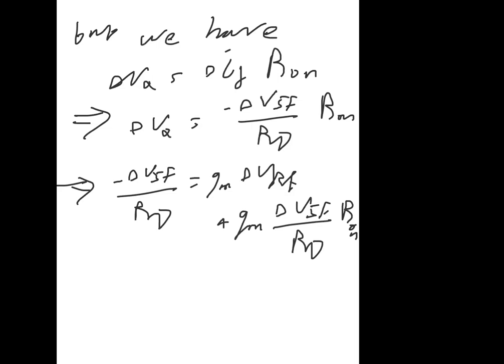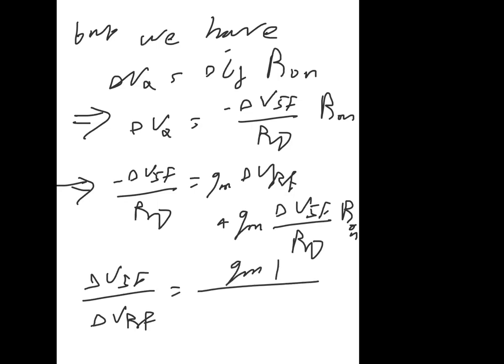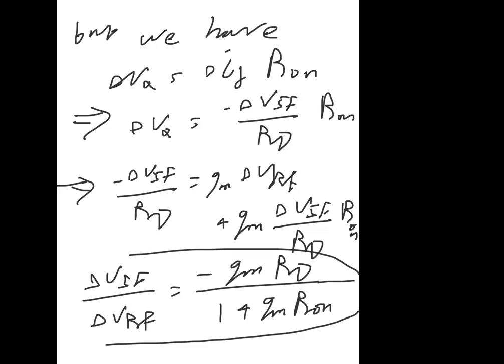Okay, so delta VIF over delta VRF is equal to GM over RD times 1 plus, this is a minus, 1 plus GM times R on. Okay, so this is what we call the gain for the system.